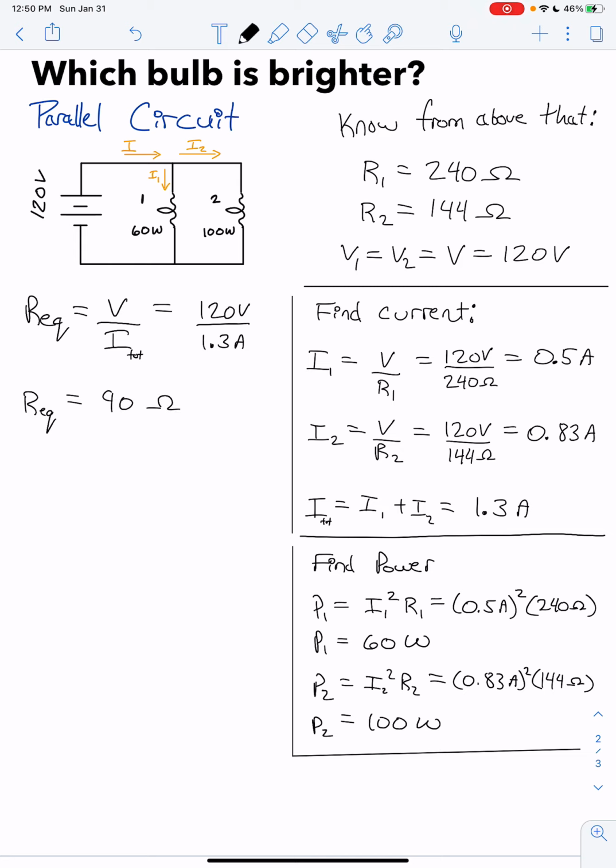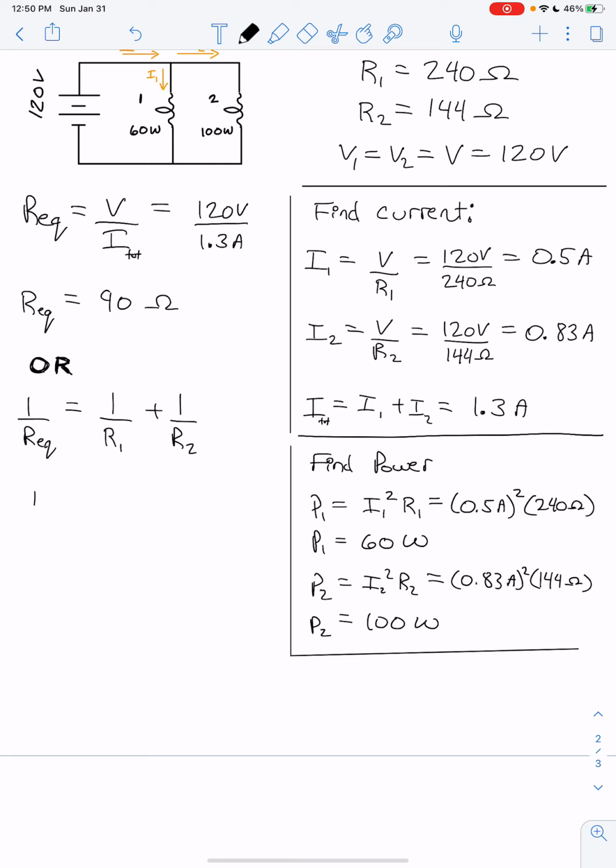Now, the other way to do this, or what we could have done, was 1 over REQ is equal to 1 over R1 plus 1 over R2. And if we did that, we'd work it through and have 1 over 240 ohms plus 1 over 144 ohms.